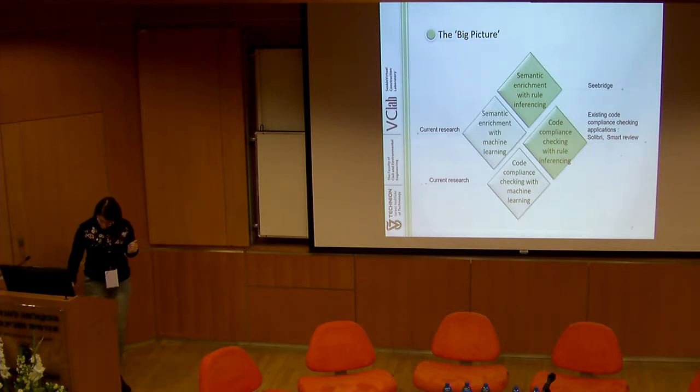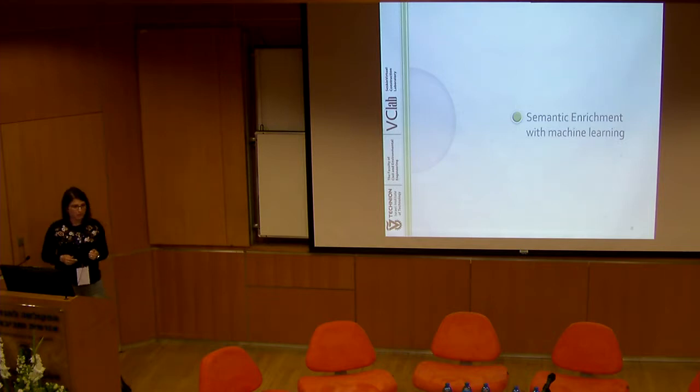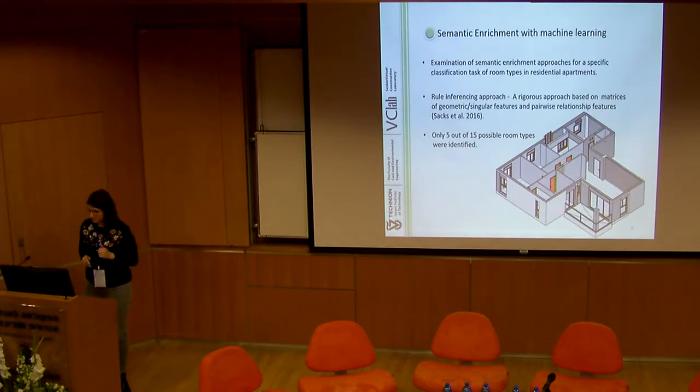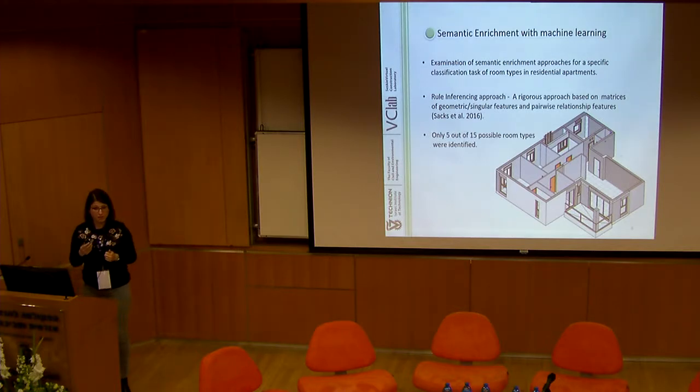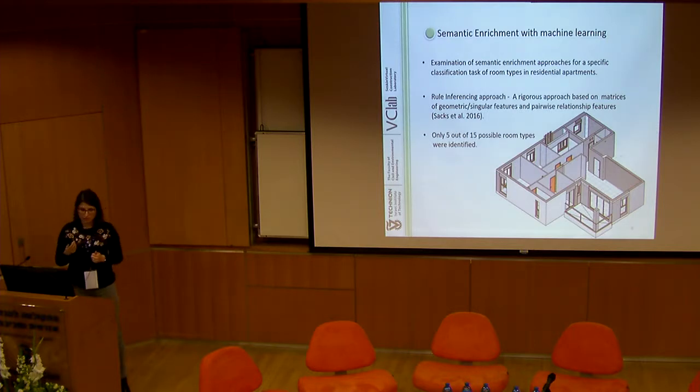And I'm going to show you a little bit of what we've done so far in terms of both of them. And I'm going to start with the semantic enrichment part, since it's actually my part of the research. So what we did, we defined a very small, maybe simple, but very important problem of semantic enrichment, which is the classification of room types in residential apartments.